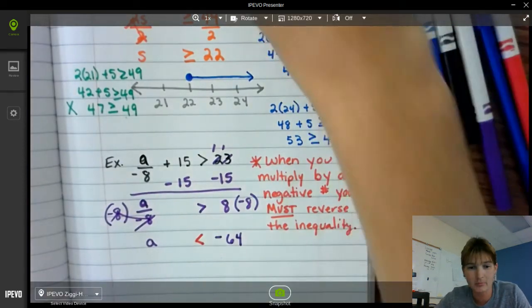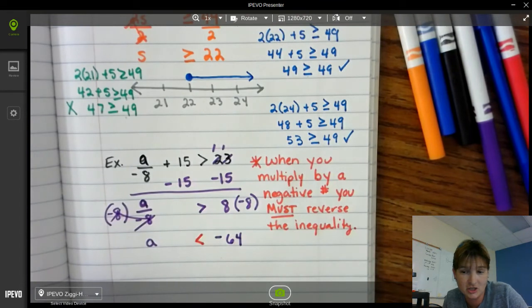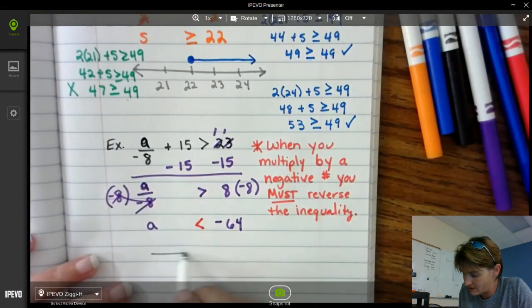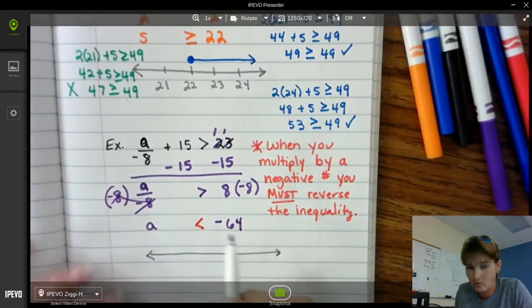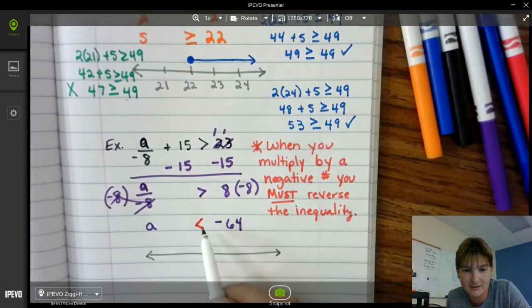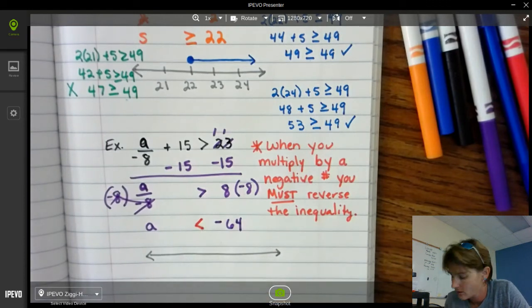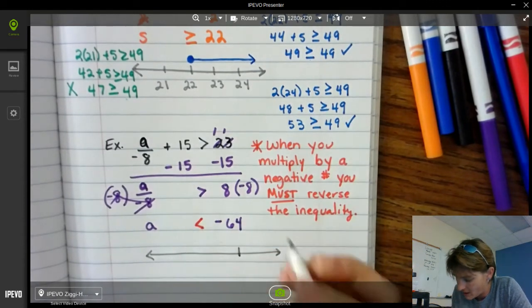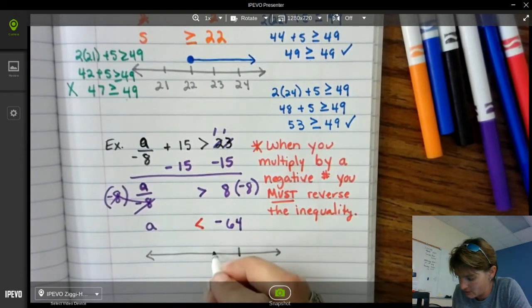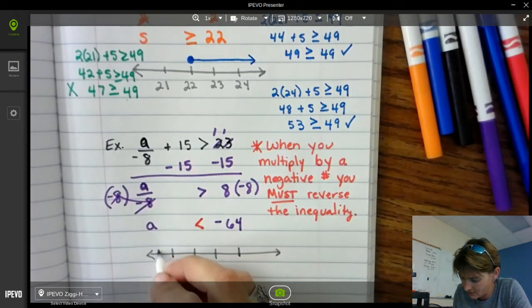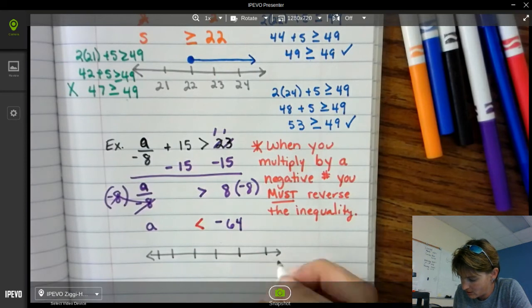All right. Plotting this on a number line is not changing. When you do this, we still have a what type of circle for the less than symbol? Open circle. I have a -64, so I'm going to put some lines in here, and I always put my number in the middle of my line.